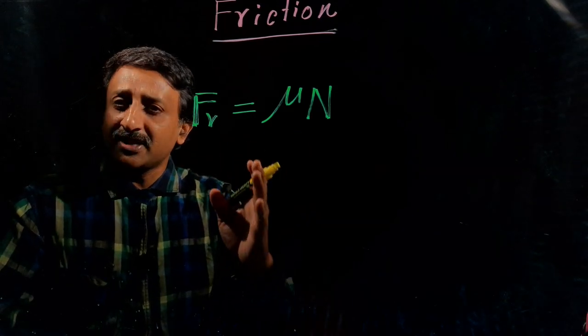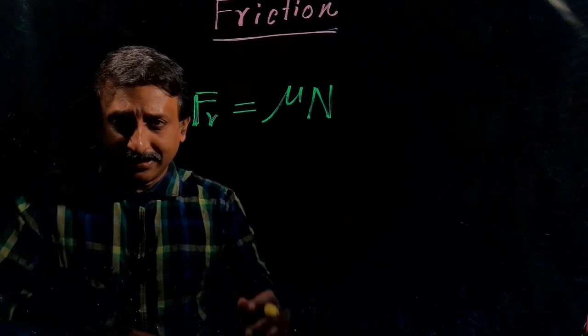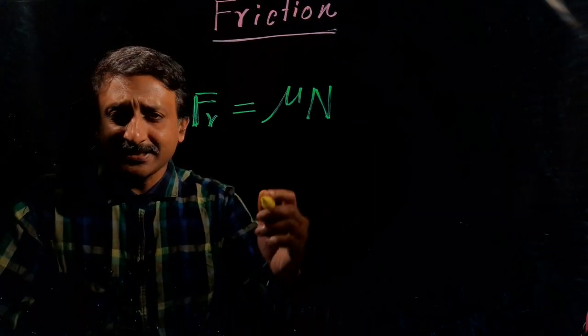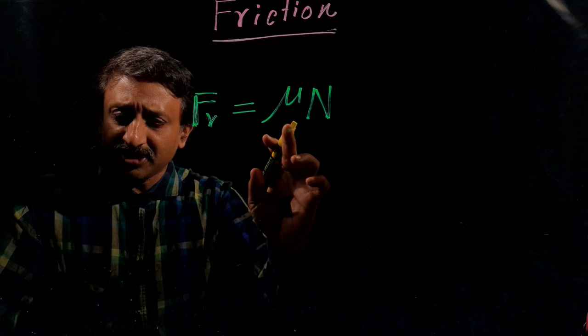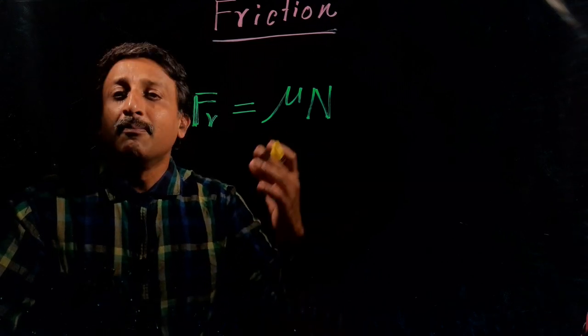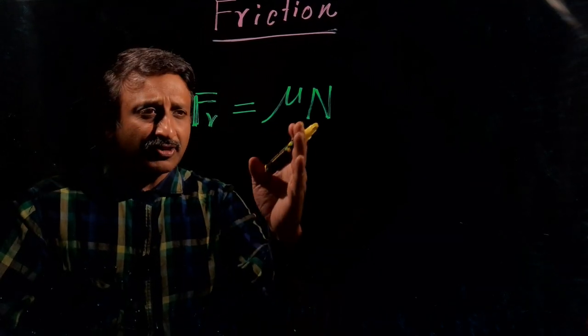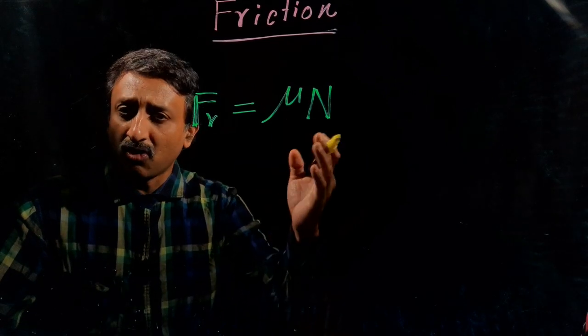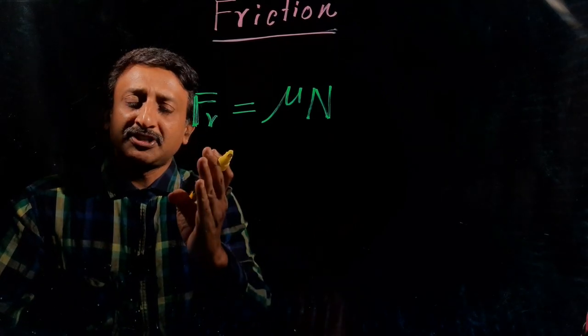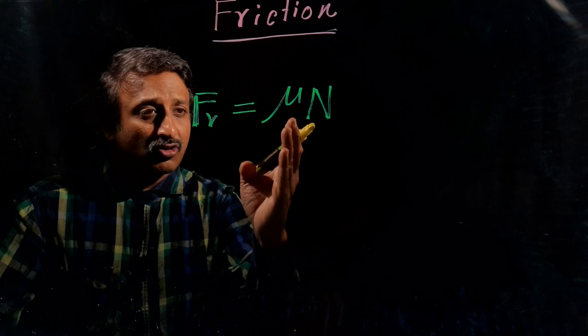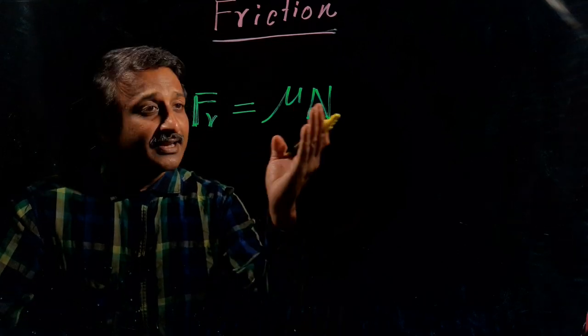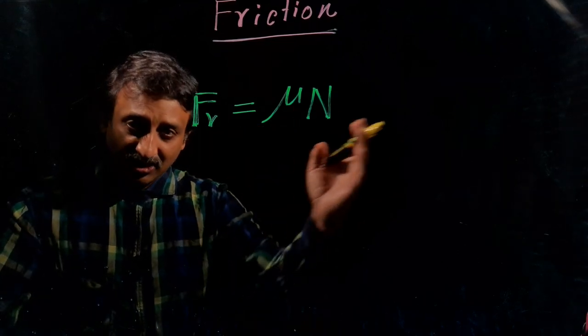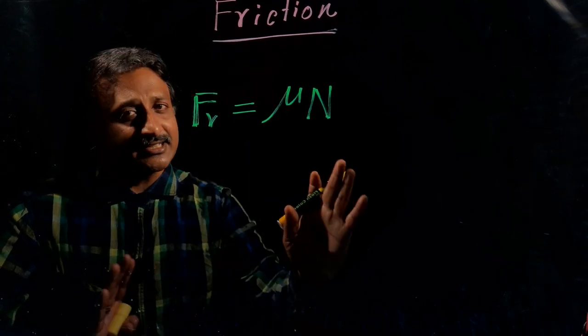Mu always depends upon the material. Some materials have a lower coefficient of friction and some have a higher one. If the coefficient of friction is more, then the frictional force is more. If the coefficient of friction is less, then the frictional force is less.